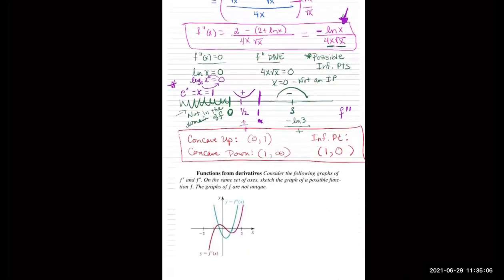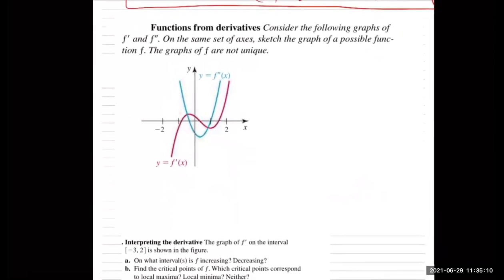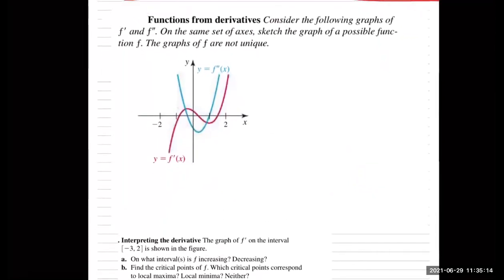So now we're going to start looking at some graphs. We've done a little bit of this before, but now we're going to do lots more of it. These problems are to make sure that you understand what the derivatives tell you about a function. So notice in this picture that we are given the graph of the first derivative, the one you see in pink or red there, and the graph of the second derivative, the one in the blue.